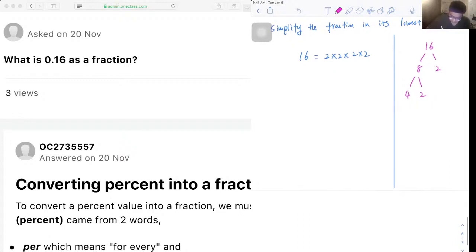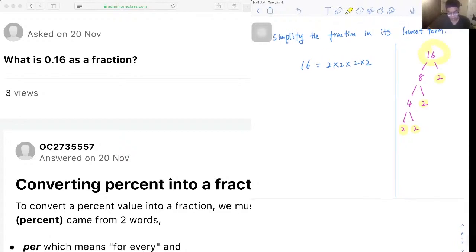Now we only need to deal with the 4 part. So 4 is equal to 2 times 2. And now we get all prime numbers, just 2, 2, 2, 2, right? So now we just need to times the value at the end of each branch, and that will be equal to 16. So that's how I got 16 is equal to 2 times 2 times 2 times 2.